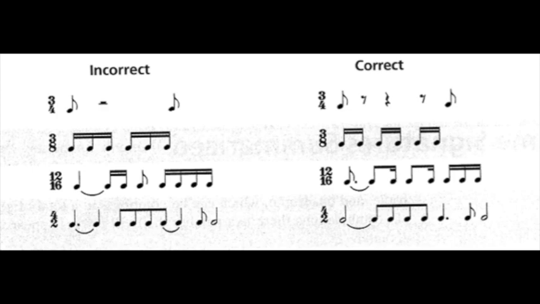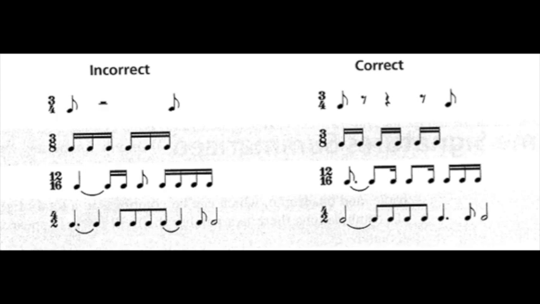Several incorrect and correct examples are notated here. In the first example you see an 8th note, then a half rest, and then an 8th note. While yes, this does take up the full value of time, we really try to complete the beat.